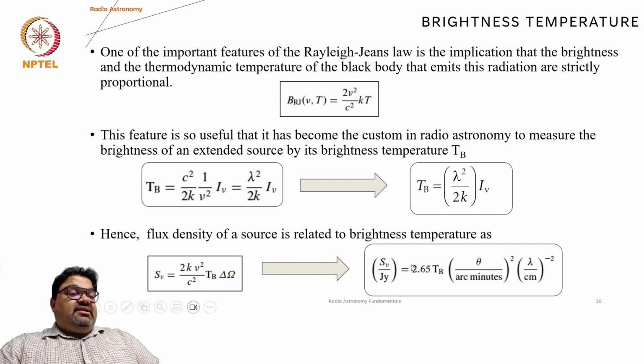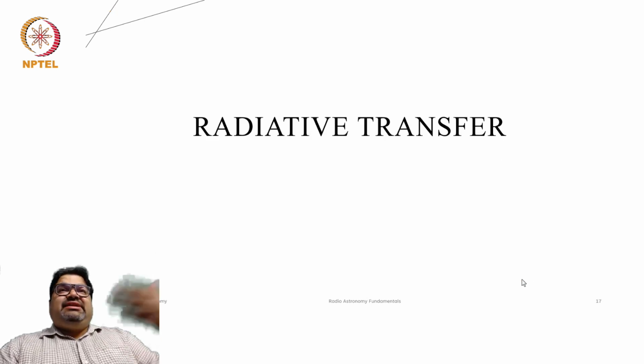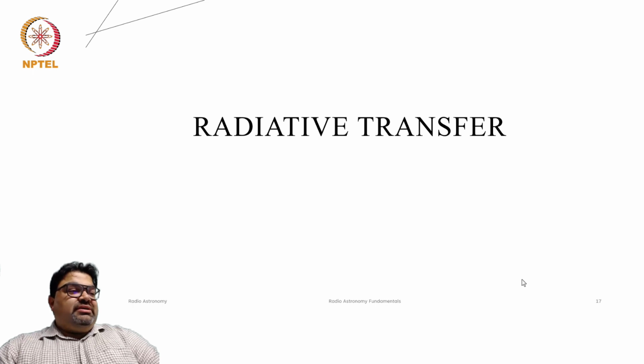So that's the final formula given over here, which is very useful if you have an extent, to relate the brightness temperature of the source and the flux density. This will keep coming as we move forward.